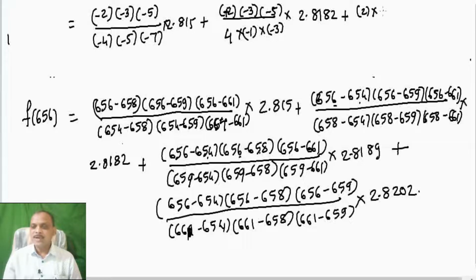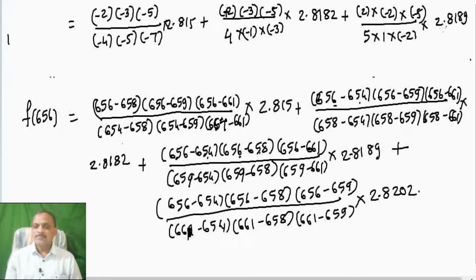656 minus 654, that is 2, 656 minus 658, that is minus 2, into 656 minus 661, minus 5, divided by 659 minus 654, 5, into 1, into minus 2, into 2.8189, plus 656 minus 654, that is 2, 656 minus 658, minus 2, 656 minus 659, minus 3, divided by 661 minus 654, 7, into 3, into 2, into 2.8202.